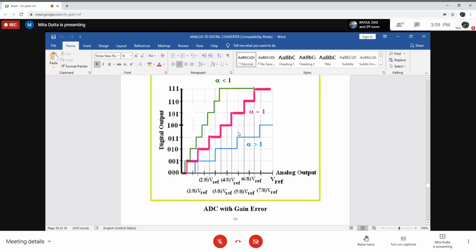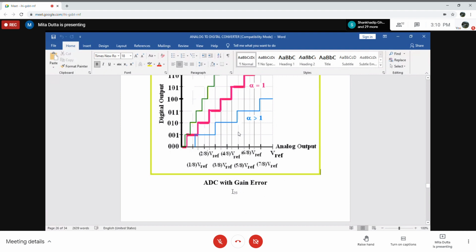That is the code width for the last transition, the voltage equivalent to 1.5 LSB, because during this interval of analog voltage, from here to here, the output code will always be 111.